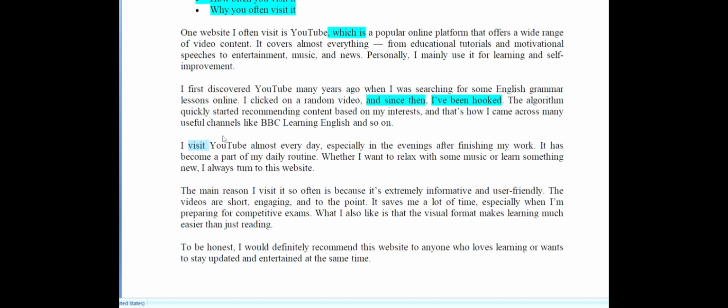Whether I want to relax with some music or learn something new, I always turn to this website. Turn to. Again, a good word like the words have been hooked. The more interested you are while listening to the sessions, the more automatically the words get into your mind, children.